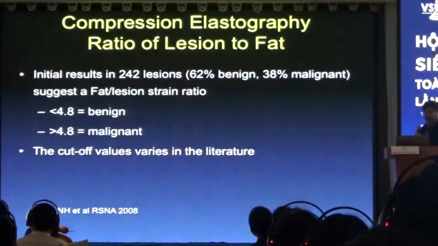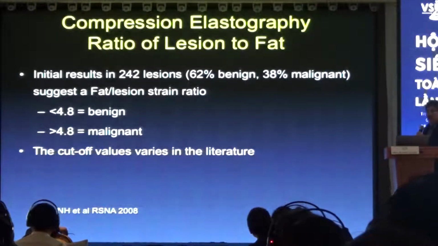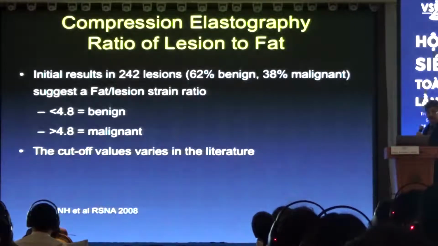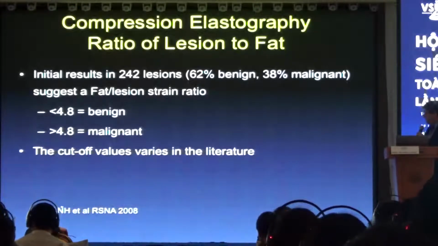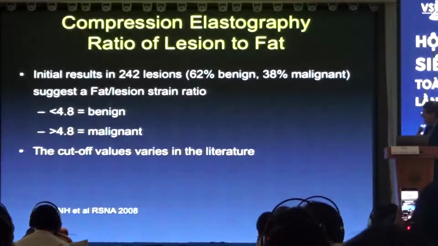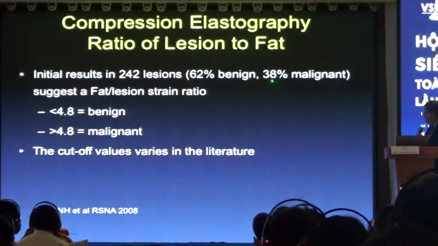Another method of looking at this is, although we don't know how stiff something is based on strain, we can compare how stiff it is to something else. And for breast, we're always going to use fat. I like to use this study that was presented at RSNA by a group from Turkey that looked at 242 lesions, about 2/3 benign, 1/3 malignant.